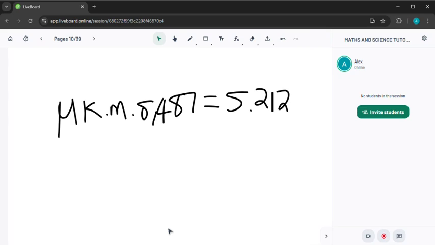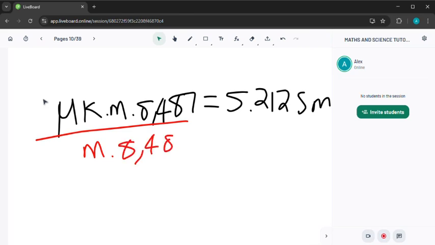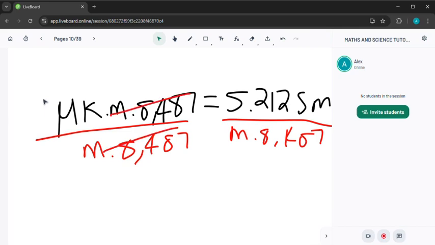What I'm trying to say is that because we want the coefficient of kinetic frictional force, we need to divide by m 8 comma 487. Therefore this will cancel this. We will be left with coefficient of kinetic frictional force is equal to, m is going to cancel m.